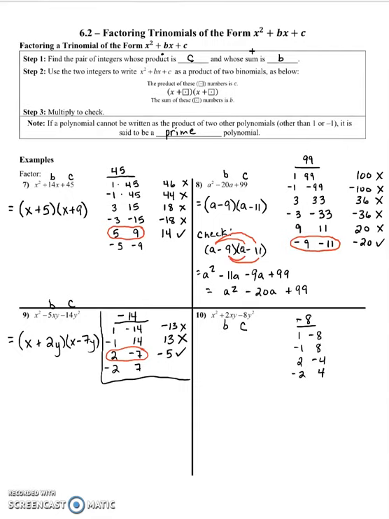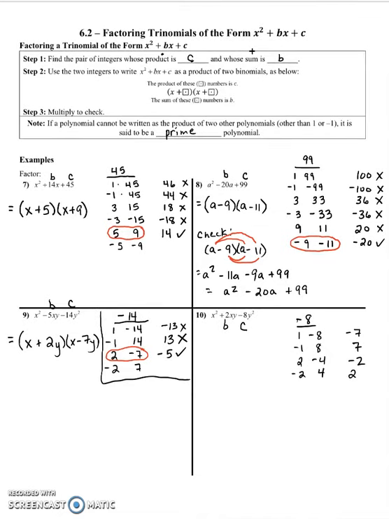So let's see, 1 and negative 8 gives us negative 7. That's not it. Negative 1 and 8 is a positive 7. That's not it. 2 and negative 4 gives us a negative 2. That's not it. Negative 2 and positive 4 gives us a positive 2.